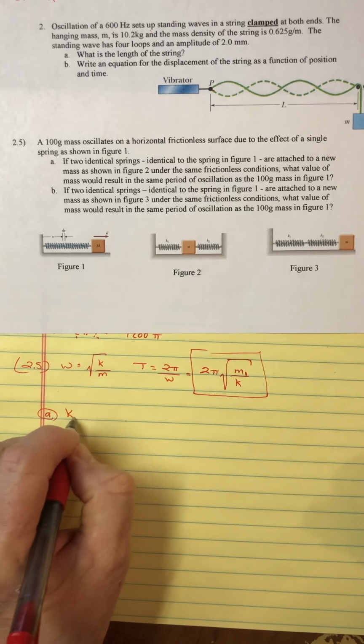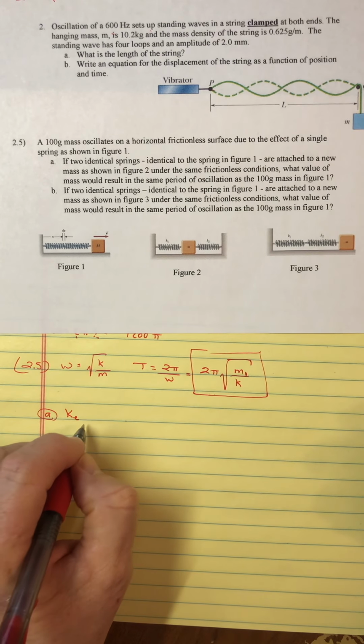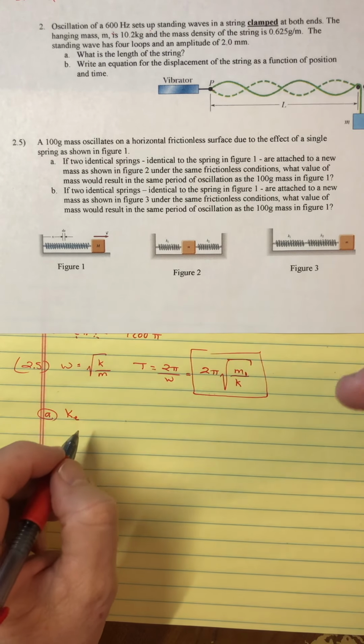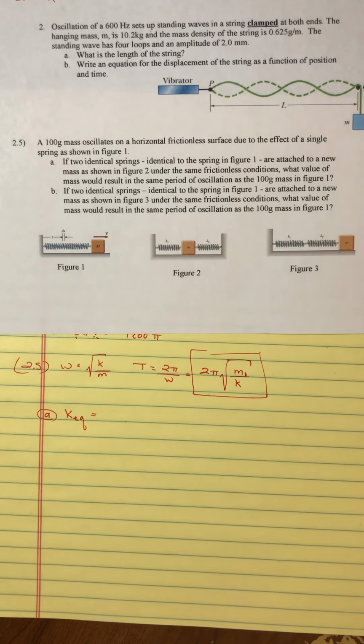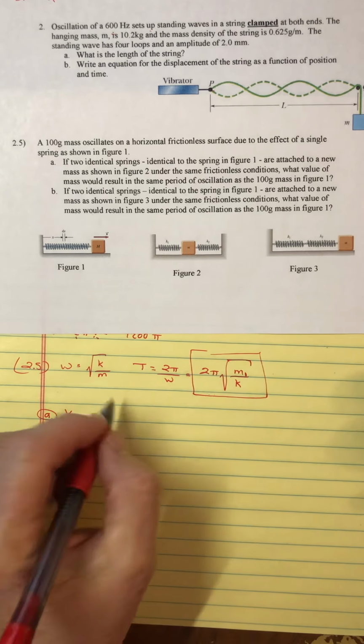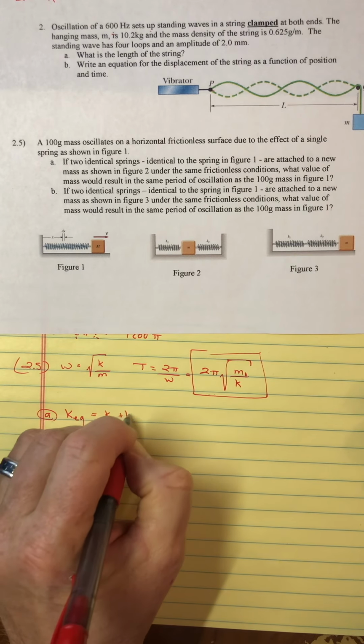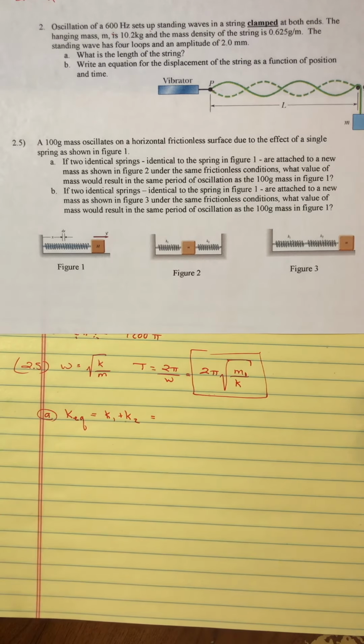But the thing to remember from 121 or from the homework we did, or work it out, is that when you have more than one spring, there is a combination effect, and it depends how they're connected. When we did something like figure 2 in class, we said the effective spring constant would be equal to one spring where you just added the two together.